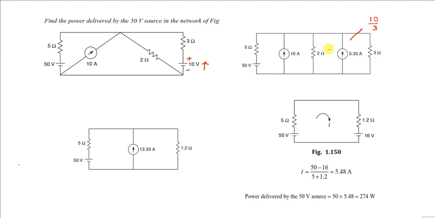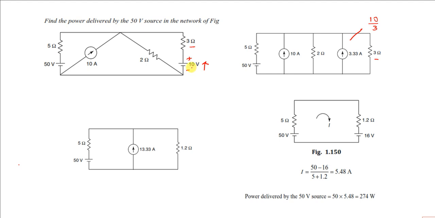The current source you have to write upwards, and the same 3 ohm you have to write in parallel. For a current source you always write a parallel resistance; for a voltage source you write it in series. We are transforming a voltage source into a current source.